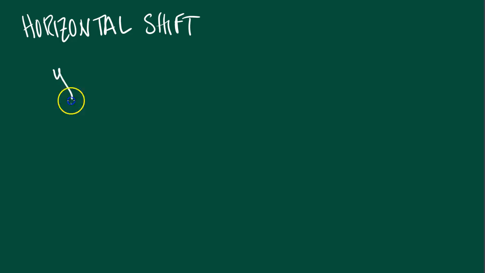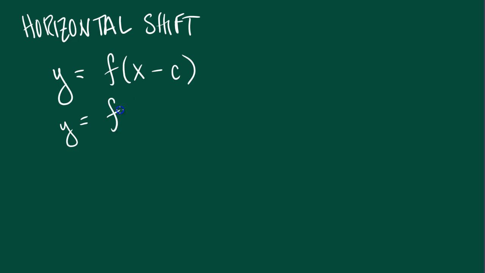So for a horizontal shift I'm going to add or subtract a constant, and this is inside the parentheses.